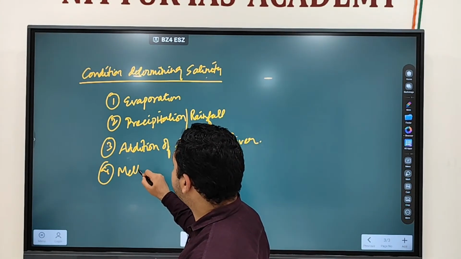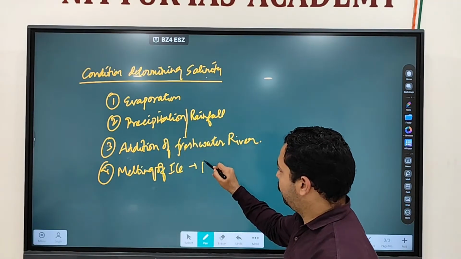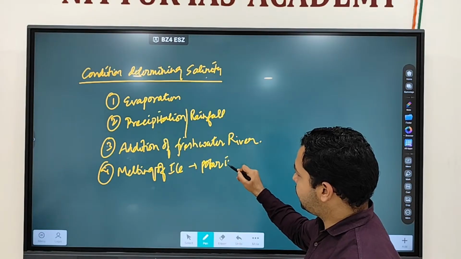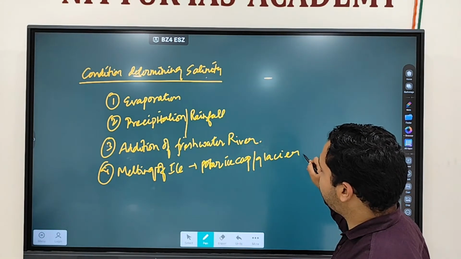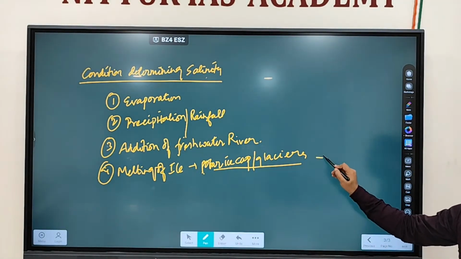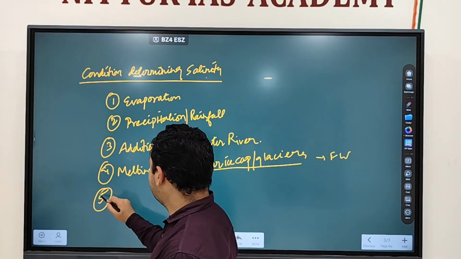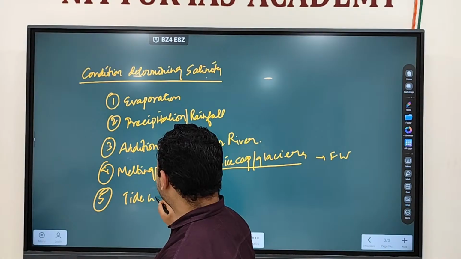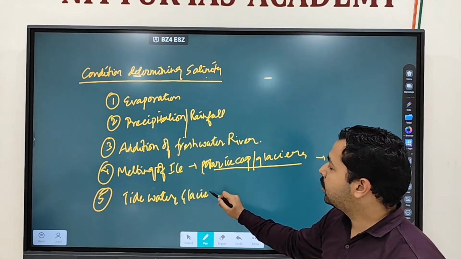Melting of ice from polar regions, polar ice caps, and glaciers. Melting of ice from the polar ice cap region and glacier region can add fresh water. And lastly, tidewater glaciers.